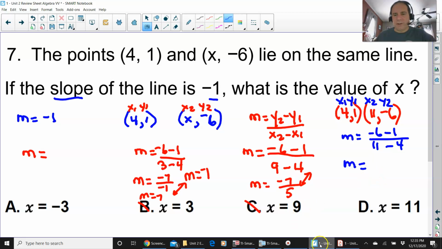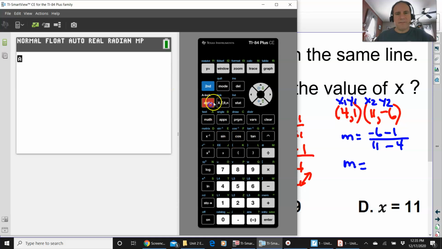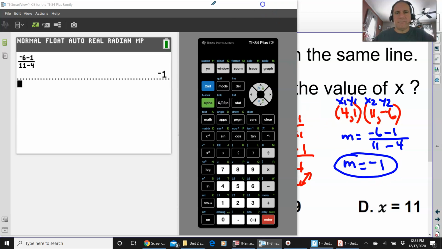All right, you could take your calculator and do it. So we're going to have alpha x, negative 6 minus 1 for the top, your numerator. And going down to the denominator, 11 minus 4. Negative 1.